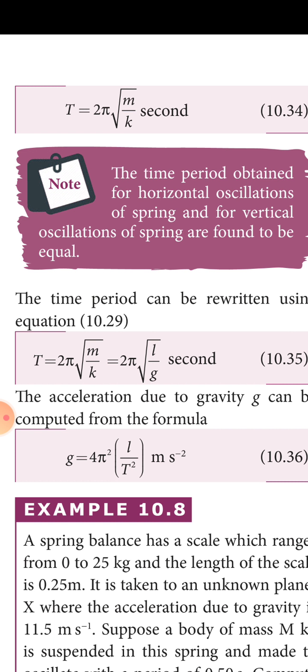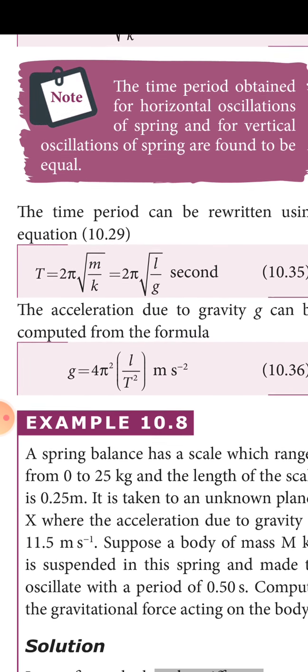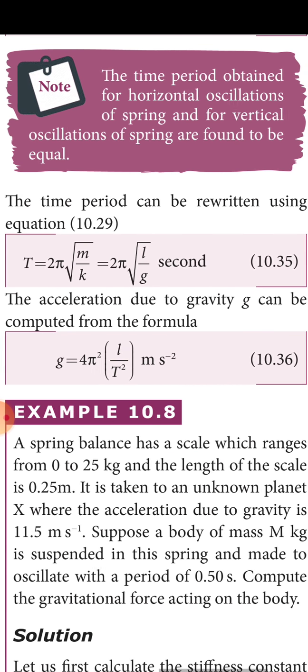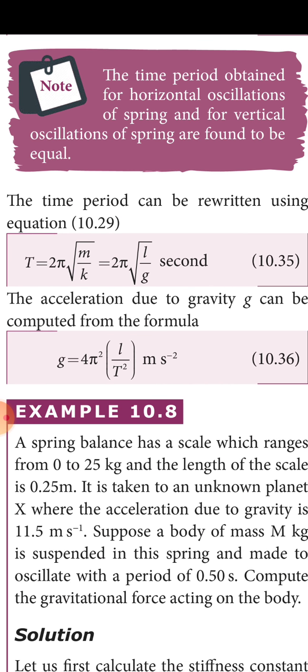T equals 2 pi root of m by k, and m by k in equation 10.29 tells us it is l by g. So replace m by k with l by g. So from equation 10.35 we derive the equation for g, so we get the value of g from 10.35.